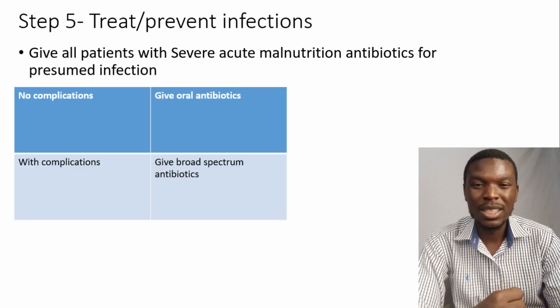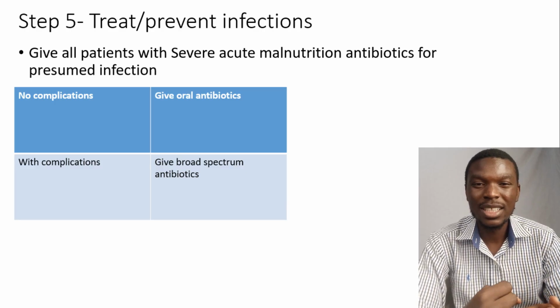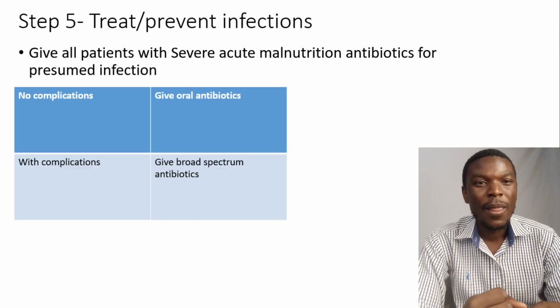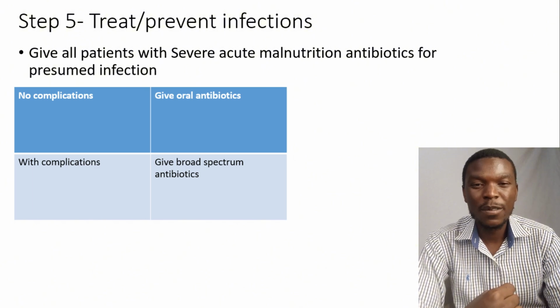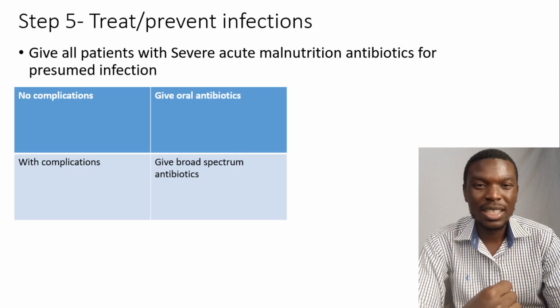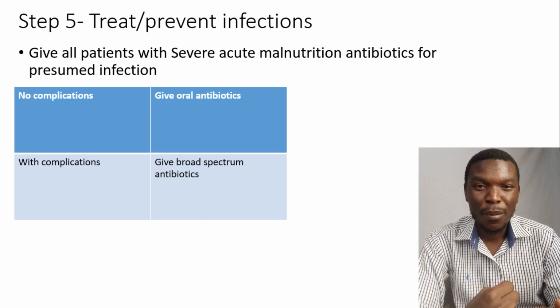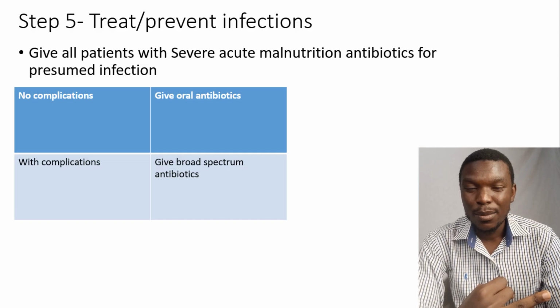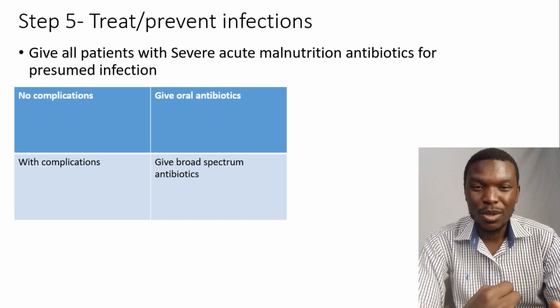So if you found that maybe the child had a UTI, you start managing that UTI. In this case, give all patients with severe acute malnutrition antibiotics for presumed infection. After you get all those labs, the blood, you take for lab or culture.